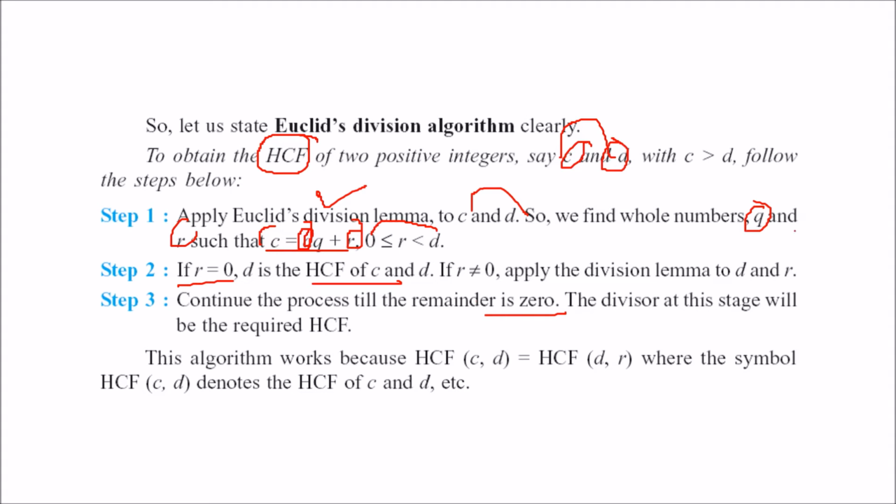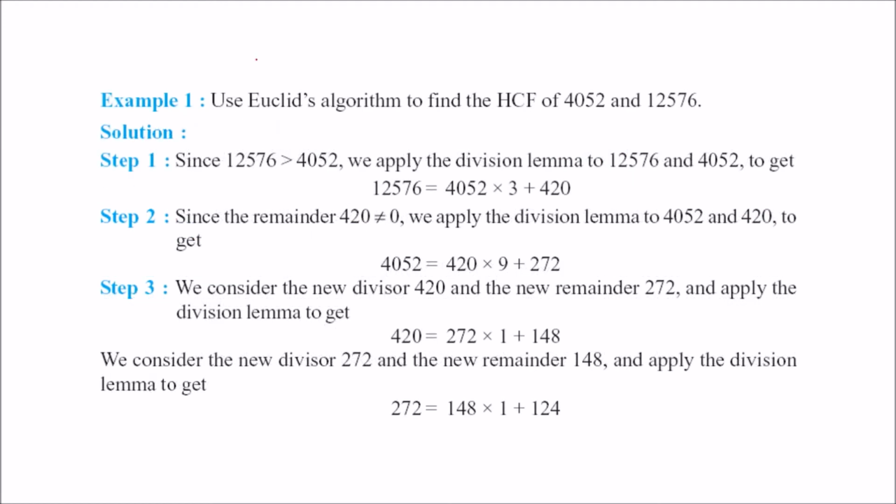And how does this algorithm work? It works because the HCF of c and d is equal to the HCF of d and r, right? So let us take an example of what we have learned. We will find the HCF of 4052 and 12576.